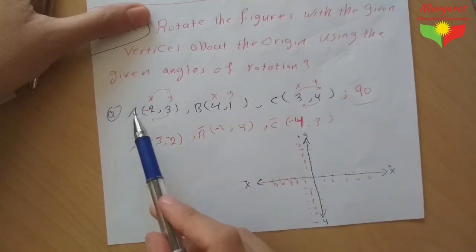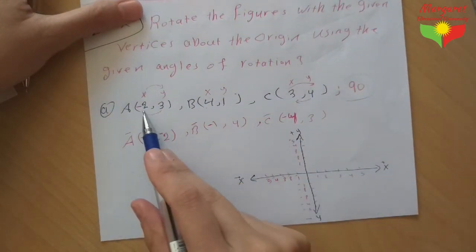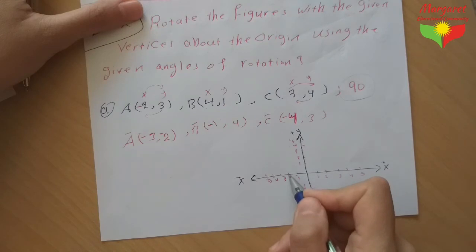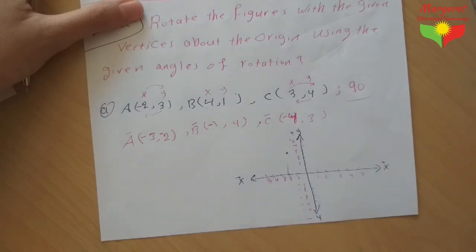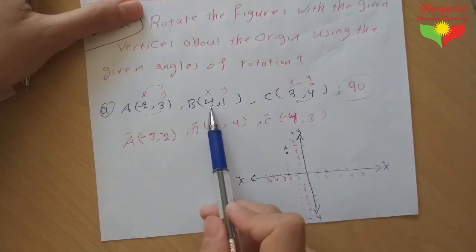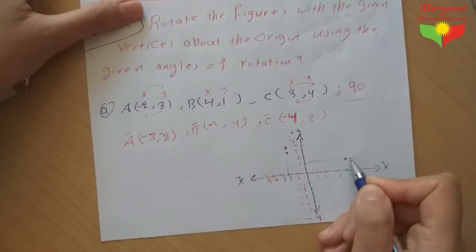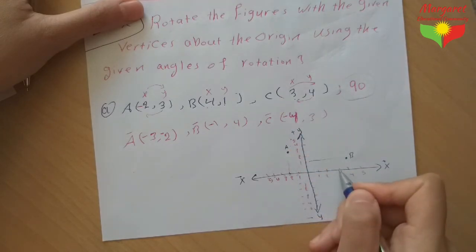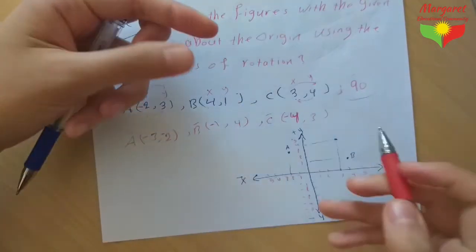Minus 2 from the X axis and 3 from the Y axis is here, that is A. 4 in the X axis and 1 in the Y axis is here, that is B. C, 3 in the X axis and 4 in the Y axis is here.